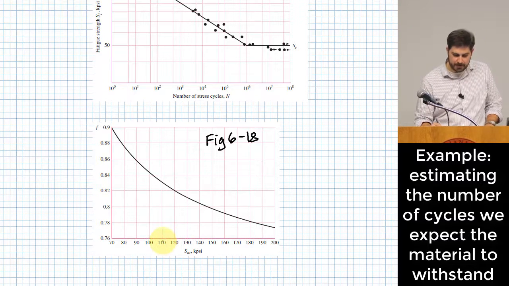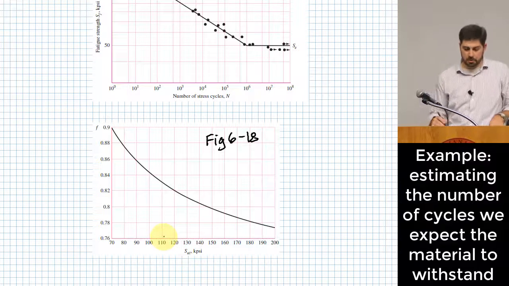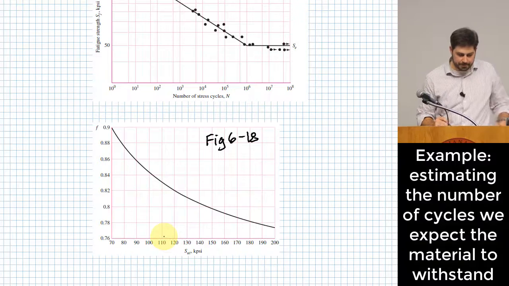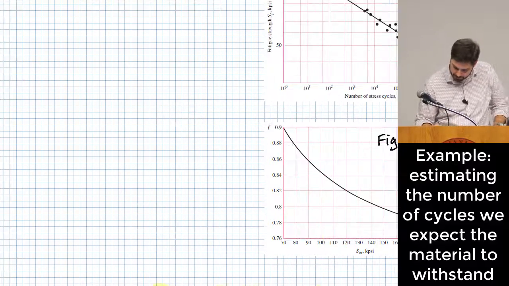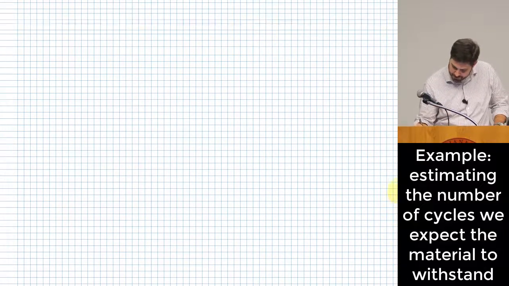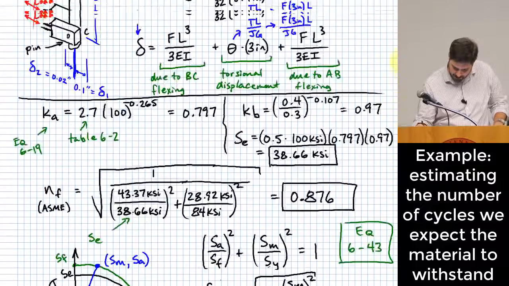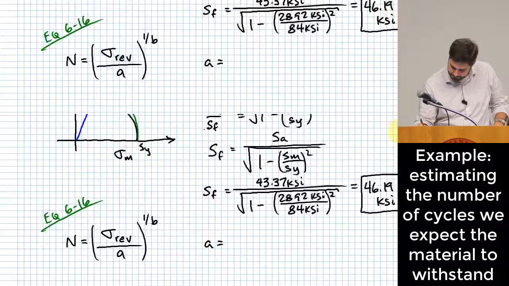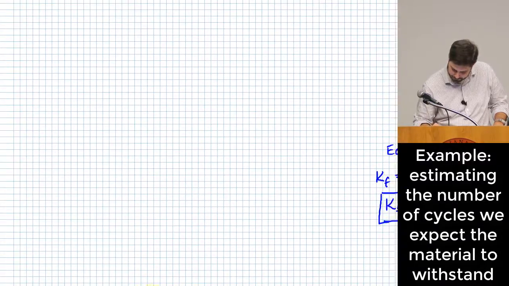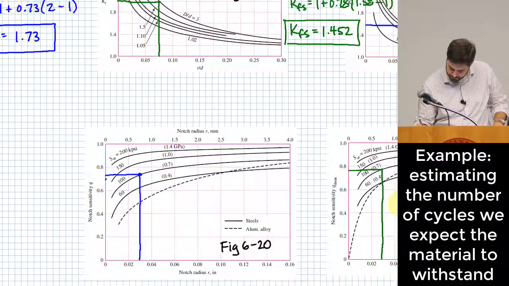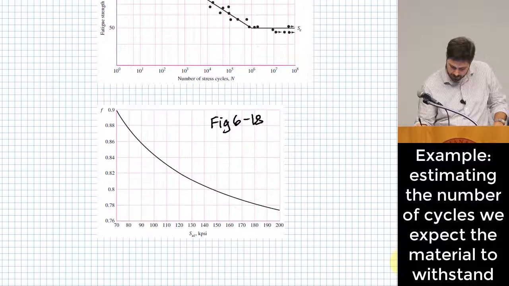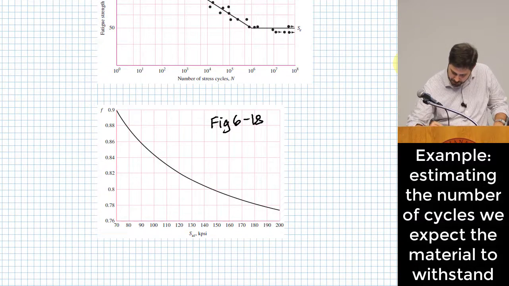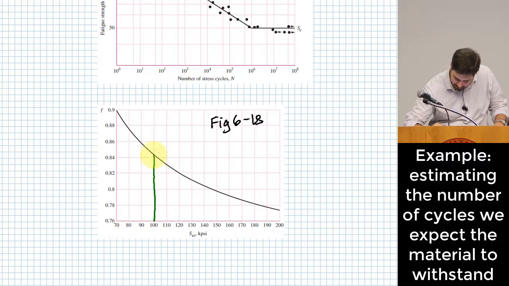where we can look up F based on the ultimate strength of the material, which means I have to go back over here because I don't remember what that was. Ultimate strength of the material was 100 KSI. So we go down here and read off of this chart at 100 KSI.